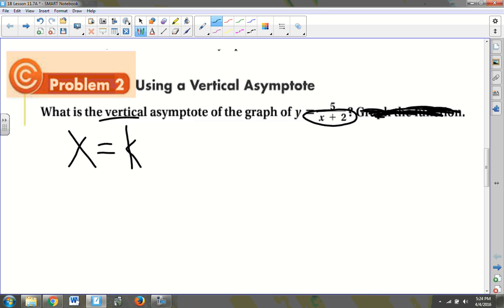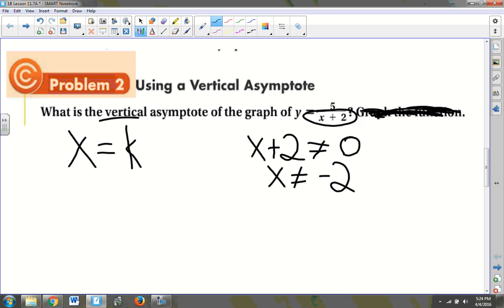So this function here, 5 over x plus 2, well, in this situation, my excluded value would tell me that x plus 2 cannot be equal to 0, which means x cannot be equal to negative 2. So my vertical asymptote of this function then is exactly that line. X equals negative 2.